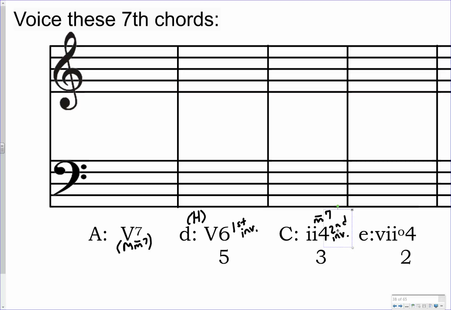And lastly, we have E minor, and we're looking to build, let's do harmonic, the 7 diminished 4-2 in E minor. 4-2 indicating third inversion. So let's use key signatures. Put them in now.